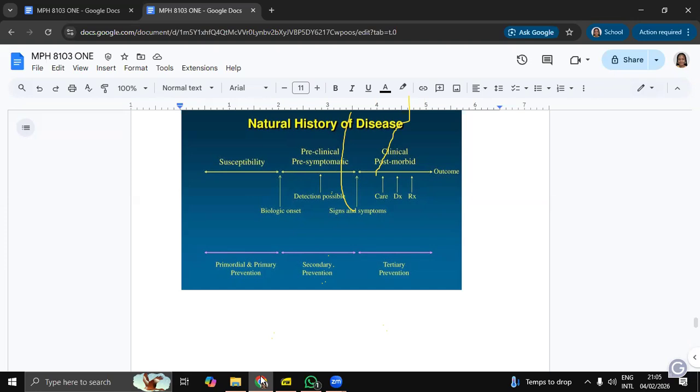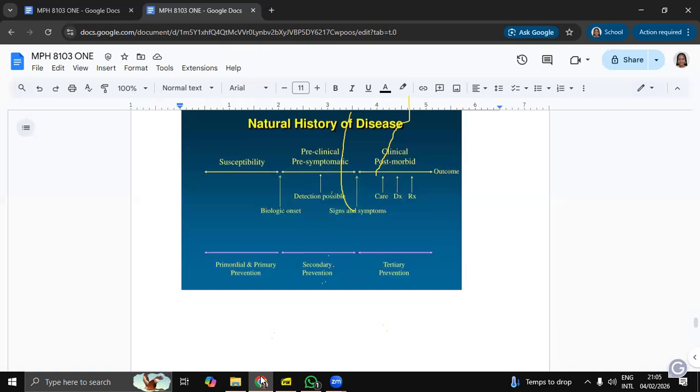So people can have cavities if there's not enough fluoride in the water, or if they don't have enough fluoride from diet or from water or whatever it is. So at the primary level of prevention, we make those things available. We give vaccinations. We do everything possible to ensure that people do not come down with the disease. That is primary level of prevention. There are other examples of primary prevention.